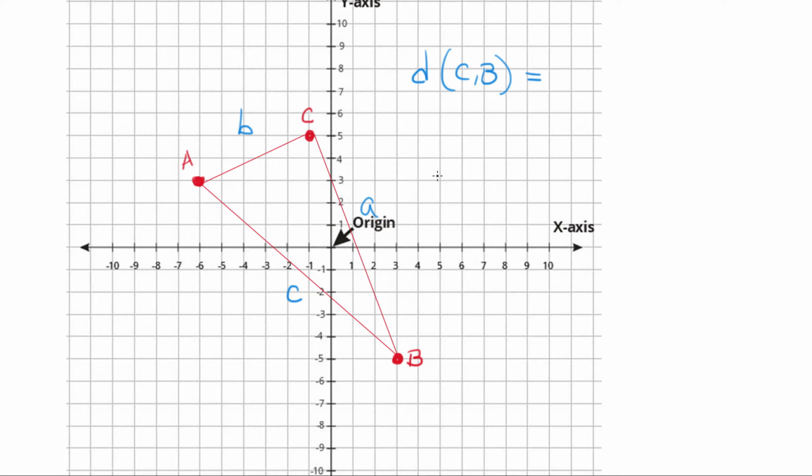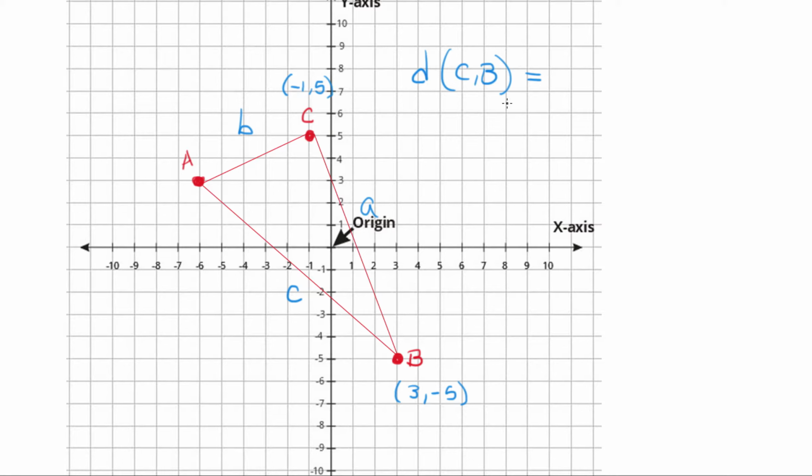Now remember, what are the coordinates of C? Negative 1 comma 5. And B, 3 comma negative 5. So in the previous video, when we were looking for the distance, we labeled them. For this video, I will not label them because we're going to have to find 3 different distances, so the labels are going to be different.